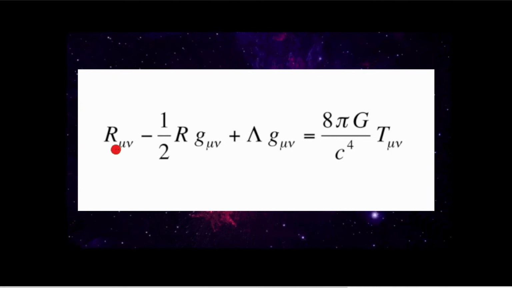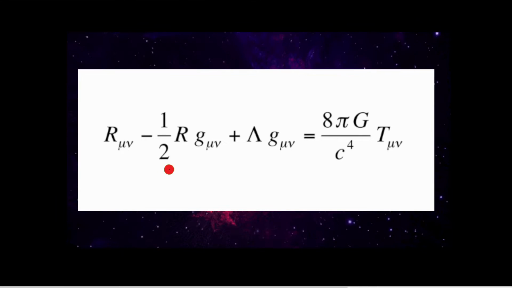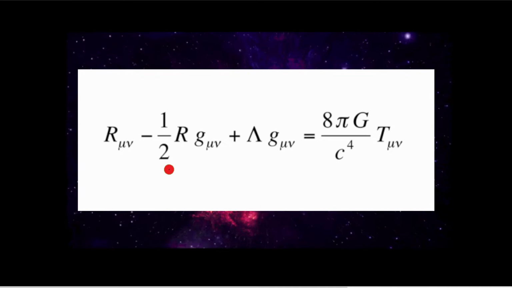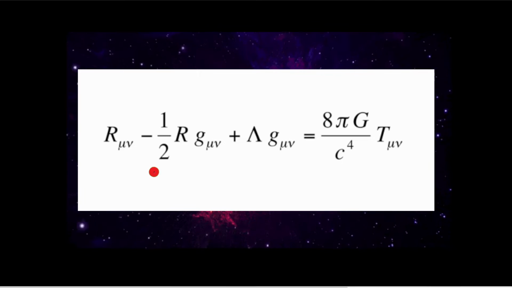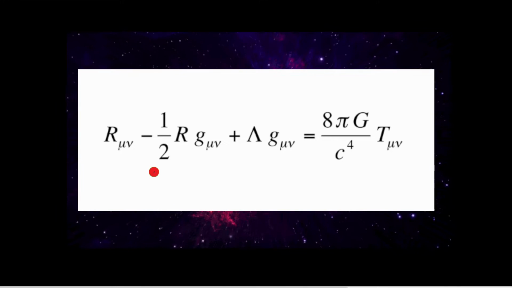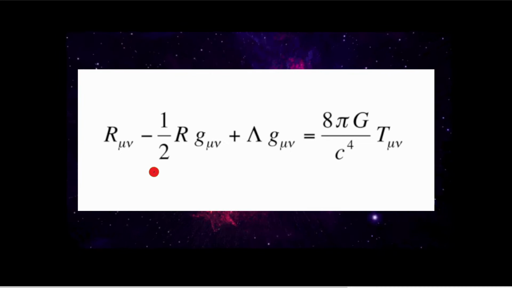The combination of mu and nu represents between 16 and 121 variations or versions of these equations. So in the simplest case, mu and nu combined would create 16 versions of these equations from three-dimensional space and time, or 4D space and time.